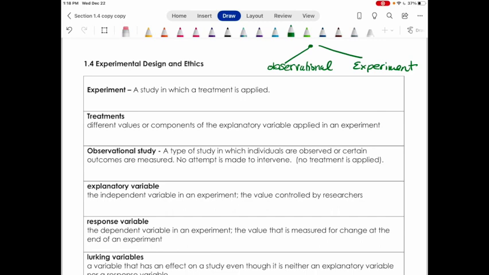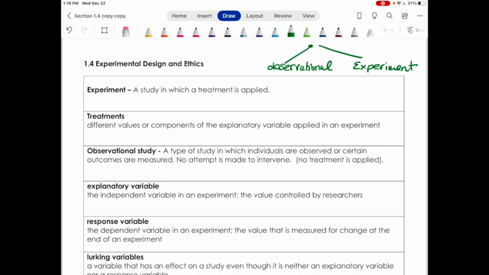So in this case, you might just want to use an observational study where, as accidents happen, because they do, you just collect the data. So no treatment is applied for that. Whereas in an experiment, a treatment is applied so that you can record the differences between groups with the treatment and without the treatment.